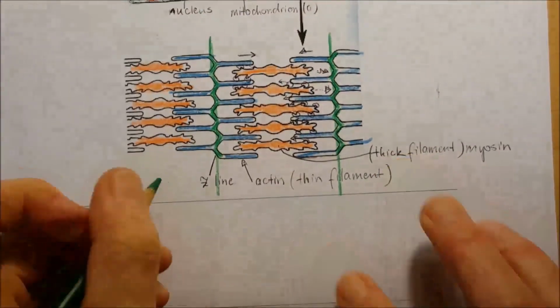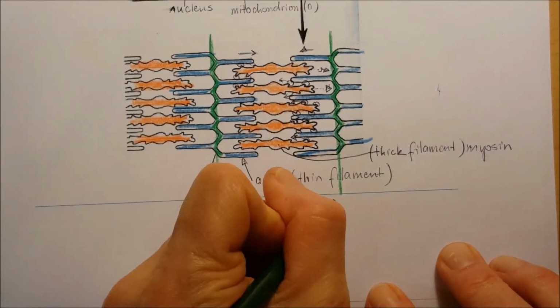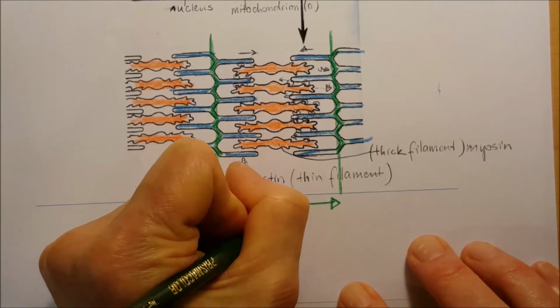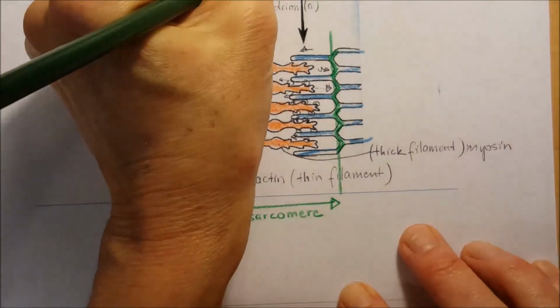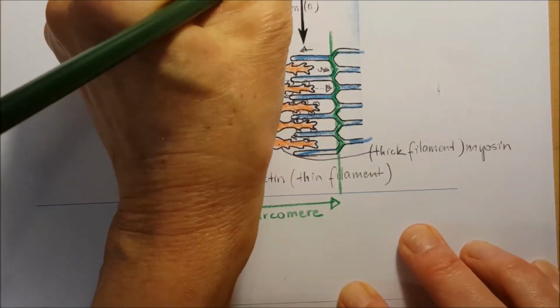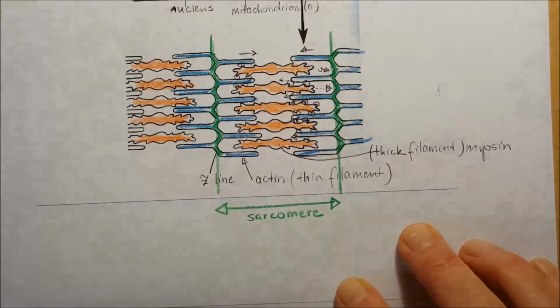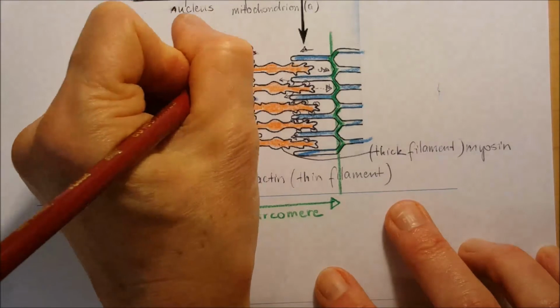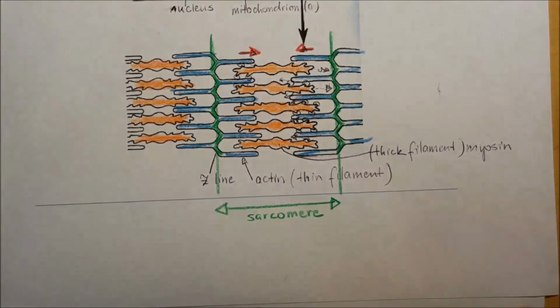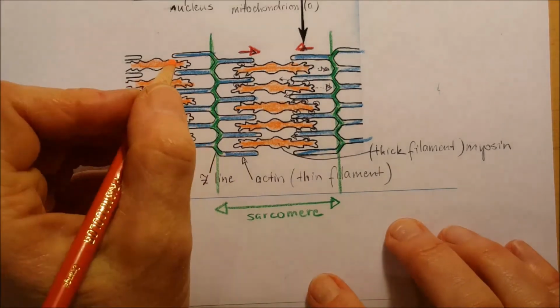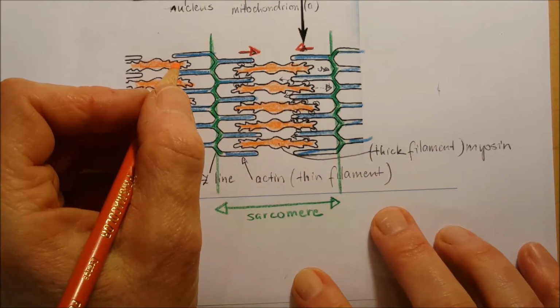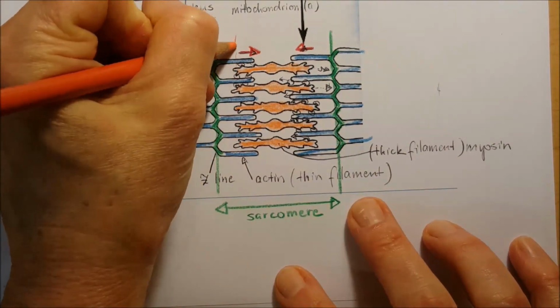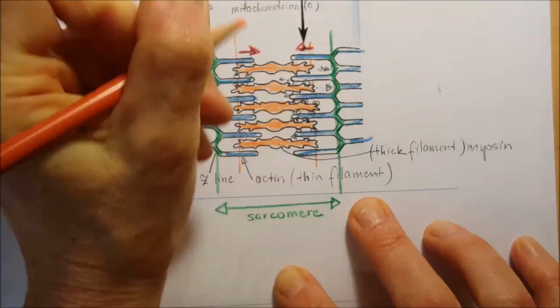The distance between the two Z lines is called the sarcomere, and the sarcomeres are the contractile units. So the actins are sliding over the myosin, pulling the two Z lines closer together.